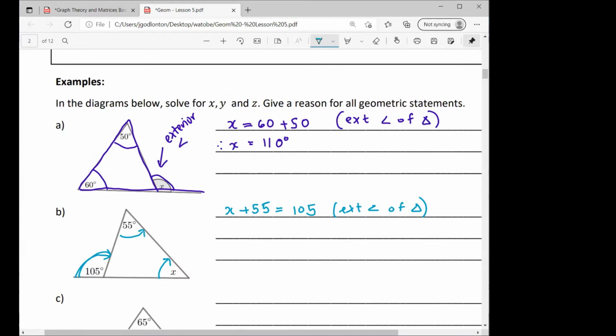But if we don't write it, it's difficult for us to remember. We're going to move that 55 onto the other side, so we have 105 minus 55, and that means x is going to equal 50. So those of you who said 50, a big well done. Those of you who said 40, I think you just made an adding error. Double check and see if you can see where you went wrong.